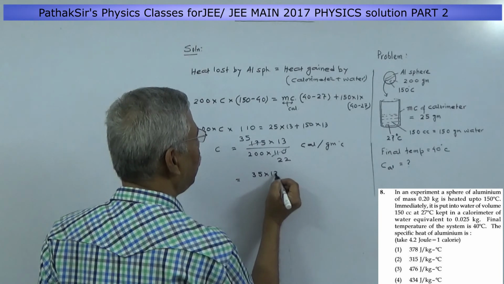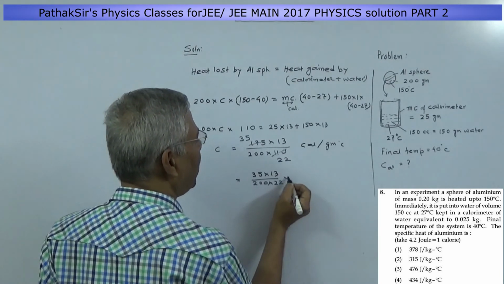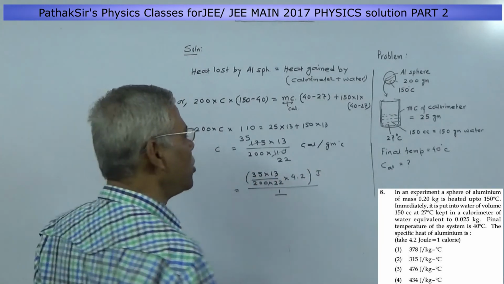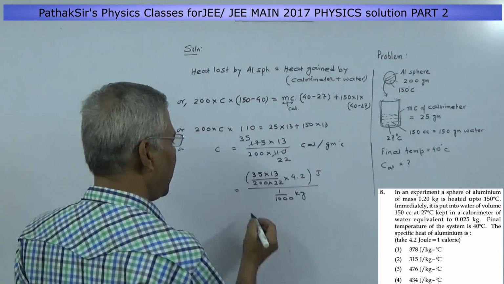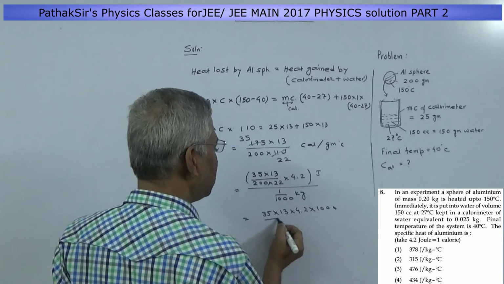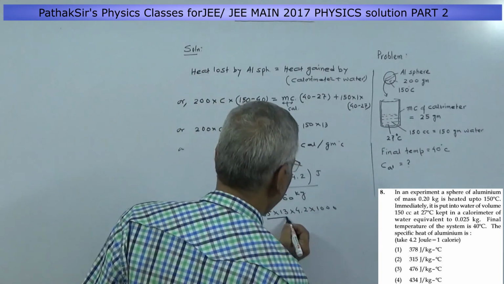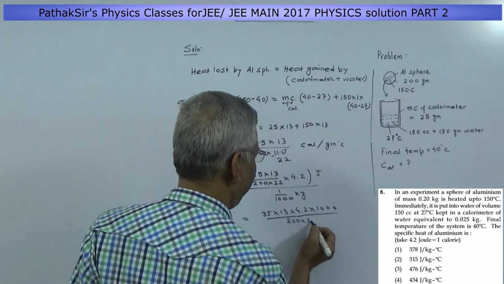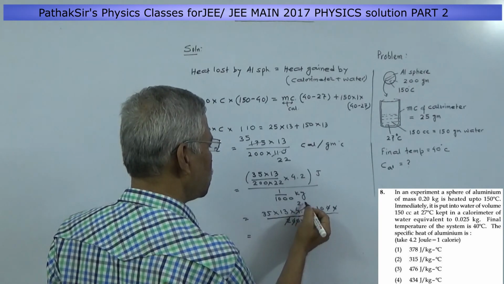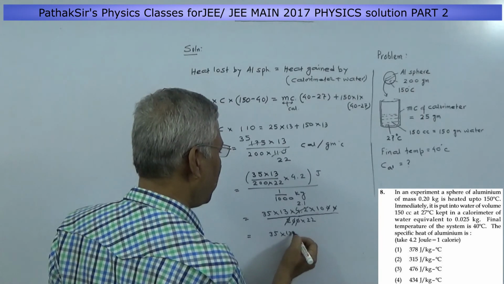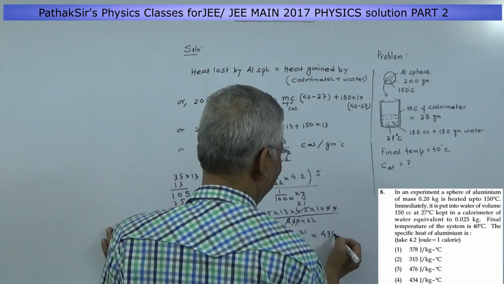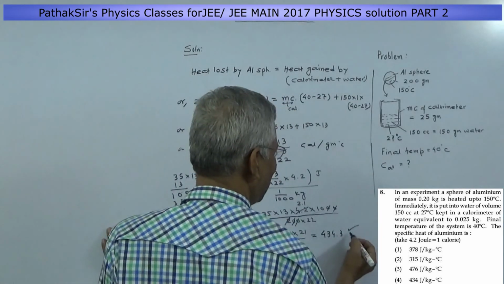So 35 into 13 by 200 into 22 into 4.2 joule, and in place of gram we will have to convert gram into kg also. 1 gram equal to 1/1000 kg, so 35 into 13 into 4.2 into 1000 by 200 into 22, equal to 35 into 13 into 21 by 22, equal to 24.3 joule per kg degree.